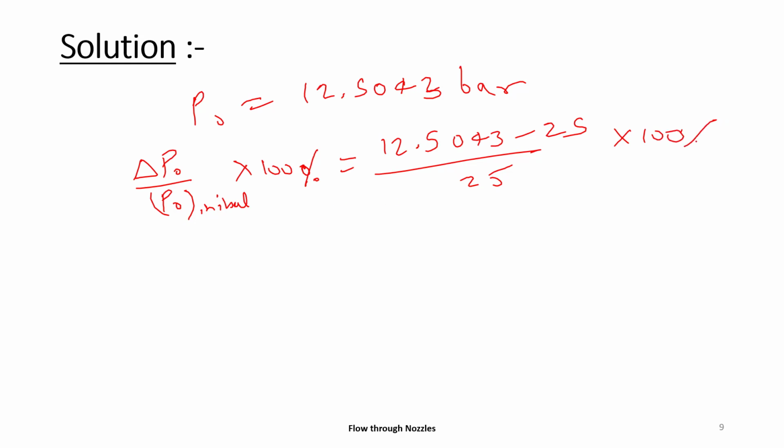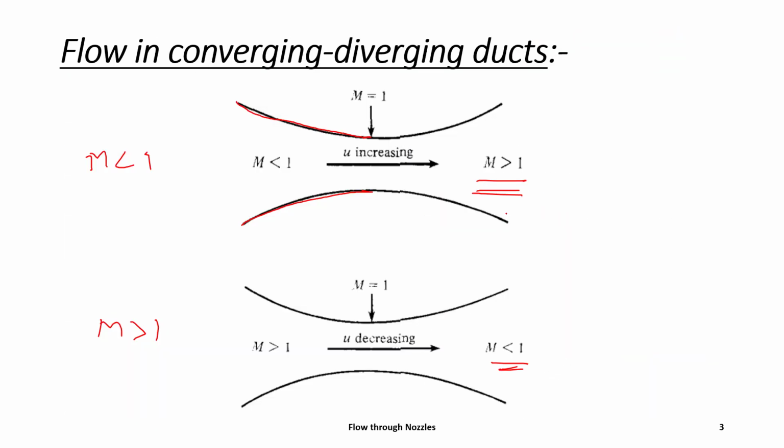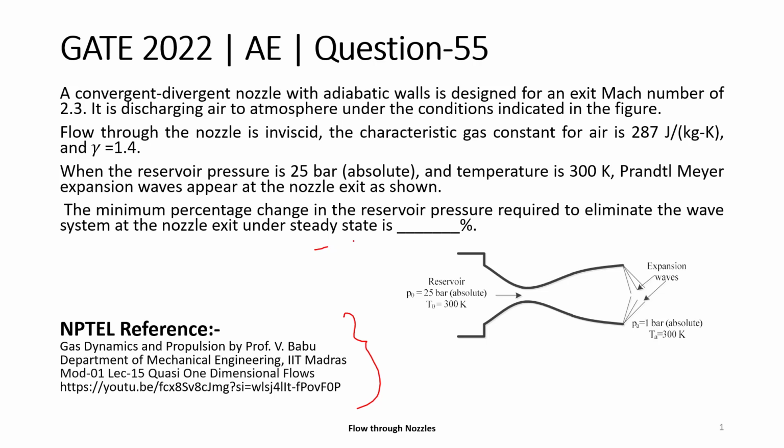So our change will be 12.5043 minus 25, so it will be minus 49.98%. So we have to reduce pressure this much. So this will be our answer: minus 49.98%. This is the answer. Thank you.